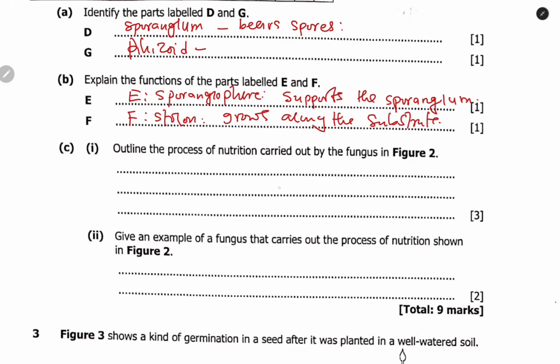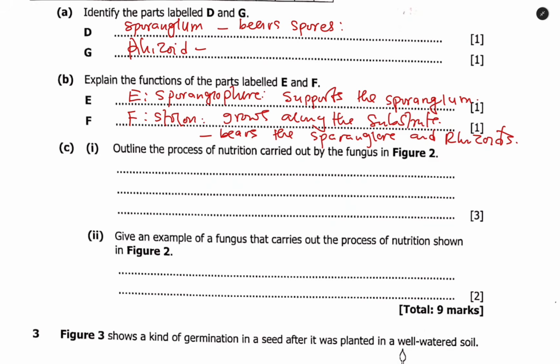It also bears the sporangiophores and rhizoids. I know the question is not asking us to do this, but just to answer the question, even the question that we might expect in the near future.